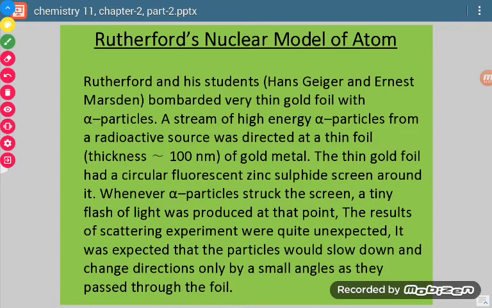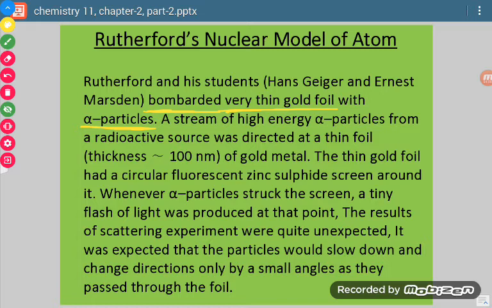Now let us come to Rutherford's model of an atom. Rutherford, along with his students Hans Geiger and Ernest Marsden, did one experiment. In that experiment, he took a very thin gold foil and bombarded it with alpha particles.